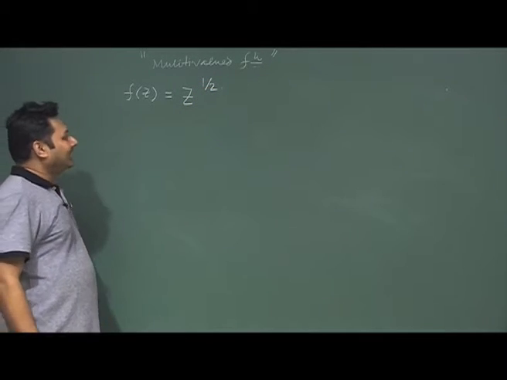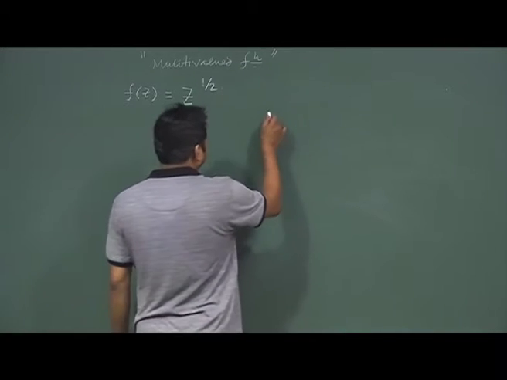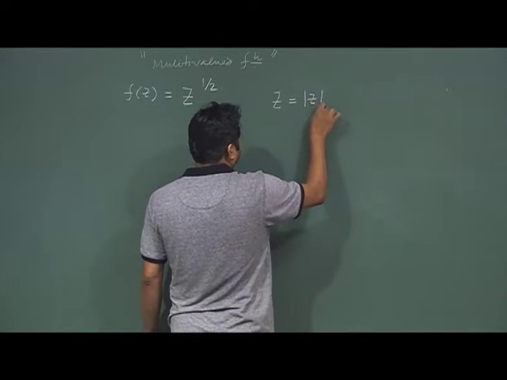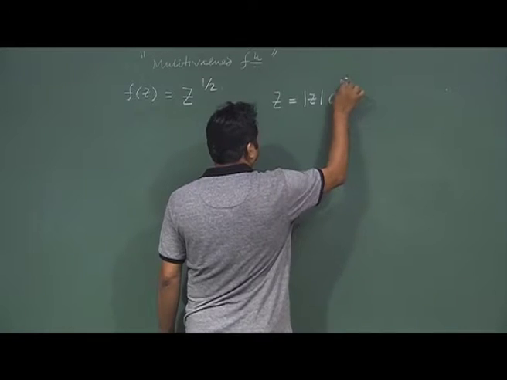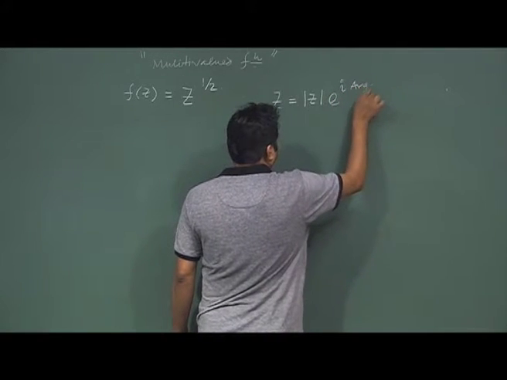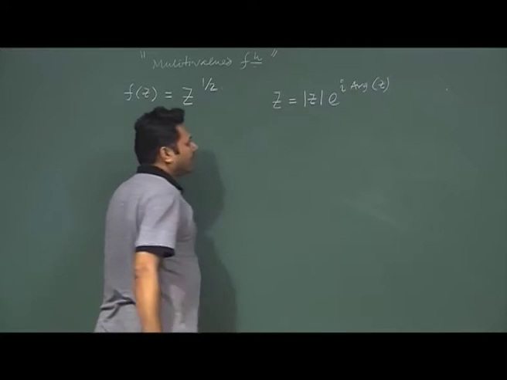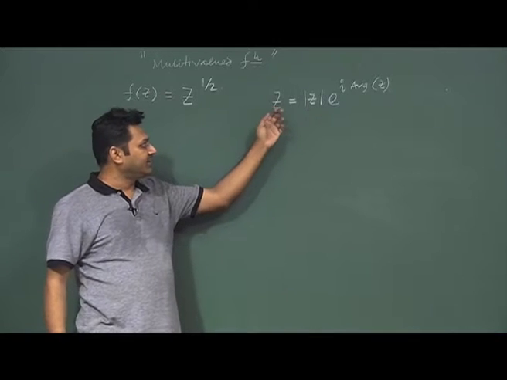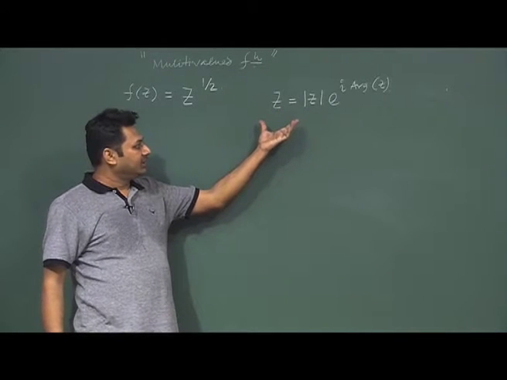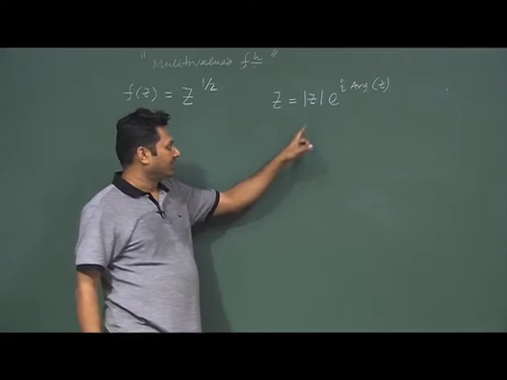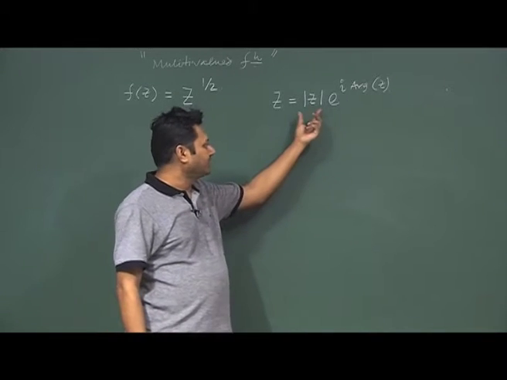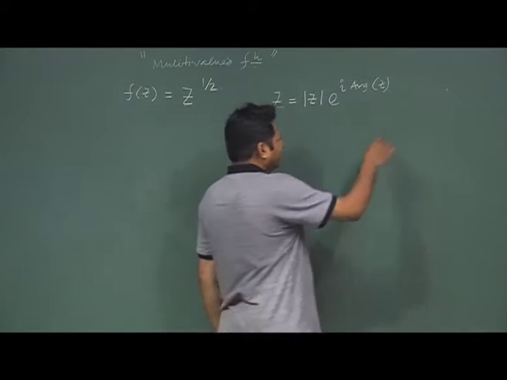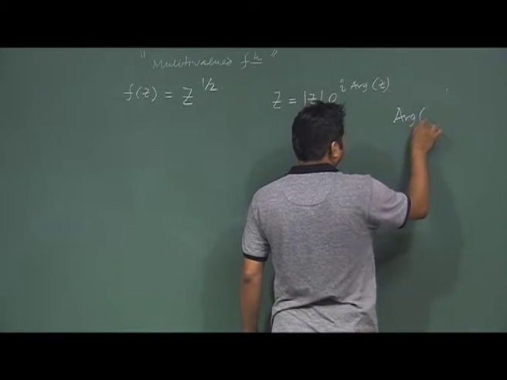If I write z in polar form, with the mod of z and the corresponding phase term which is the argument of z, then z is r e to the power i theta. Here r is nothing but the mod of z, and e to the power i argument of z is the theta it has.